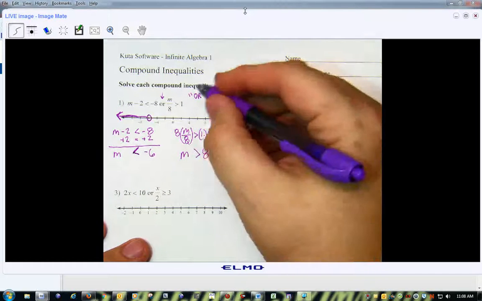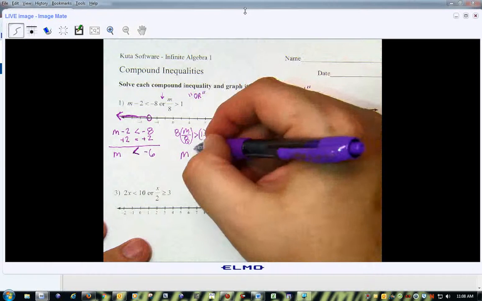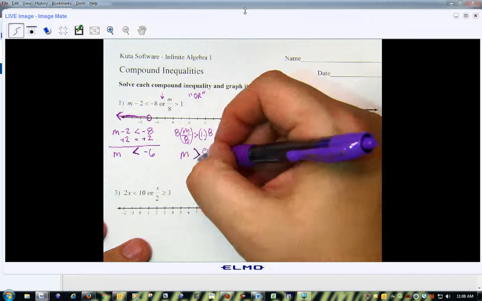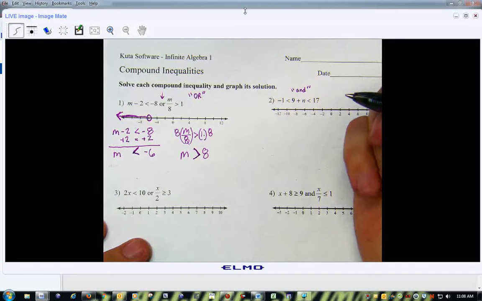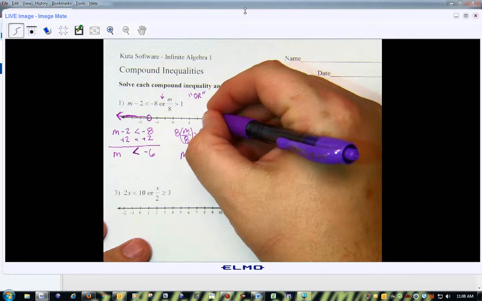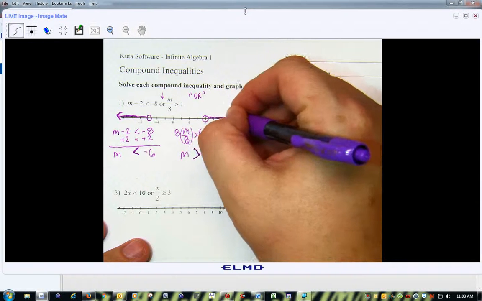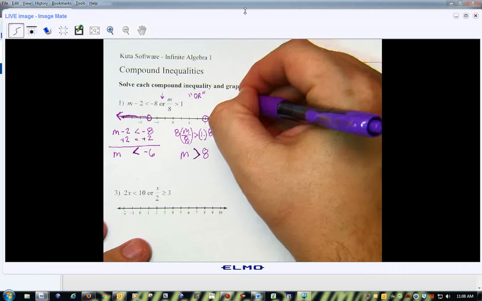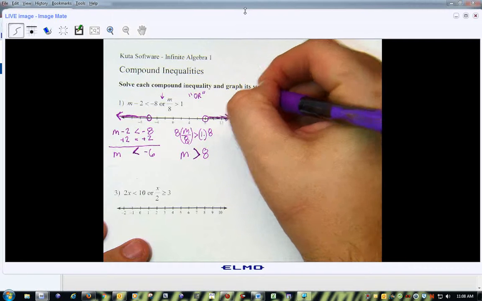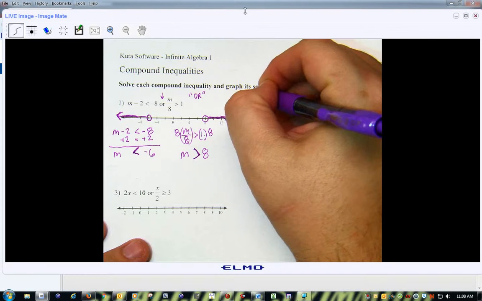Is it going to be an open dot or a closed dot? It's a greater than, so it's going to be open. The closed dots are going to be if you have less than or equal to, greater than or equal to. Then you're going to use a closed dot. If it's less than or greater than, use an open dot.